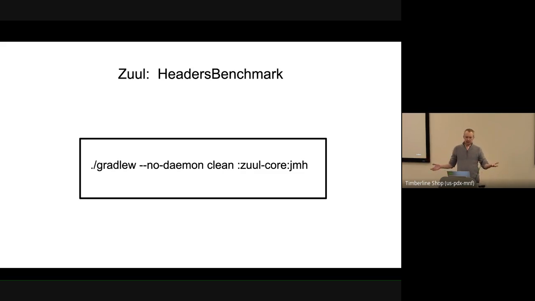And then those processes shut down, and the JMH harness records the results of all the VMs that were created. It records everything and summarizes it into a text file, and then puts that somewhere on your file system.